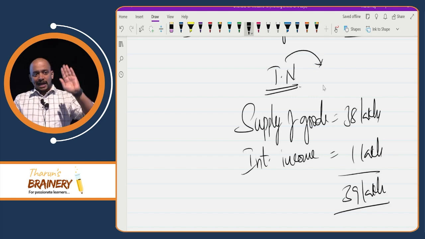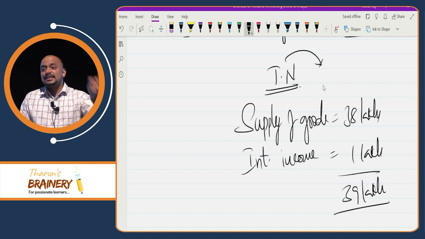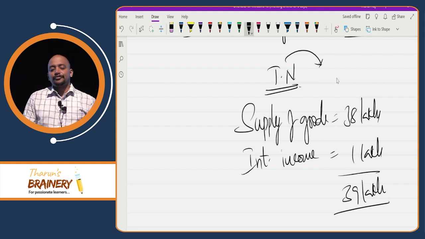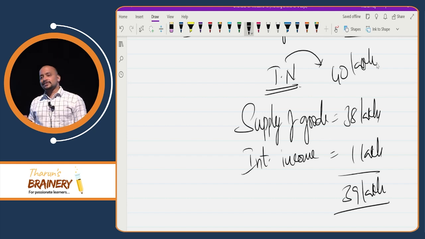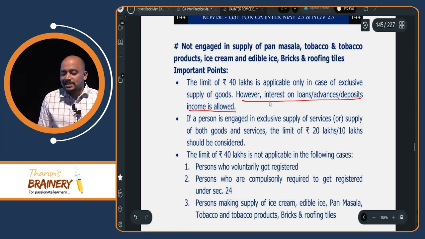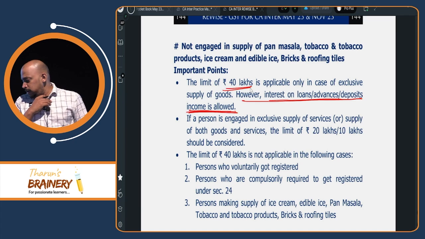If you are engaged in supply of goods and you have only one service, that is interest, still you will be treated as engaged in supply of goods. So the limit will be 40 lakhs. Whether this person is required to get registered or not? No. That is this exception. However, interest on loans, advances, deposits income is allowed, so the limit will be taken as 40 lakhs only. Clear here?